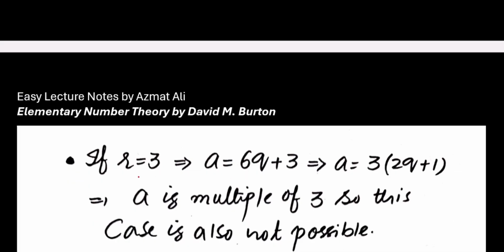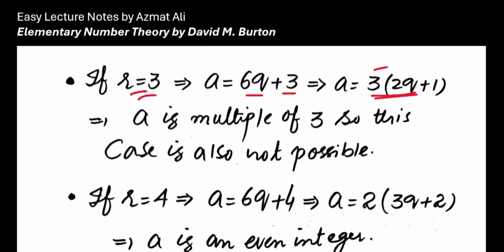If r is equal to 3, your remainder is 3, then a becomes 6q plus 3. Taking 3 common, this becomes 3 into 2q plus 1. This shows that this number is a multiple of 3 here. But this is not possible because it is given that a is not a multiple of 3. So this case is also not possible. If r is equal to 4, this becomes 6q plus 4.